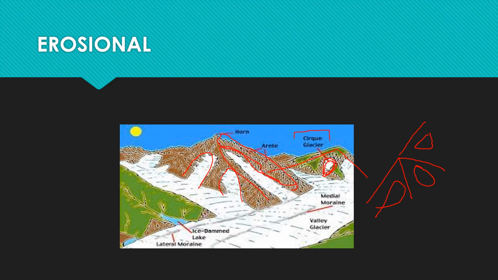It is also erosional in nature because the sharp ends have been created due to the erosional activity of water here. And if it is a pointed sharp point, that is known as horn. So all these are due to the erosional activity here.